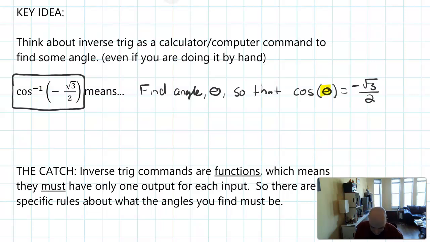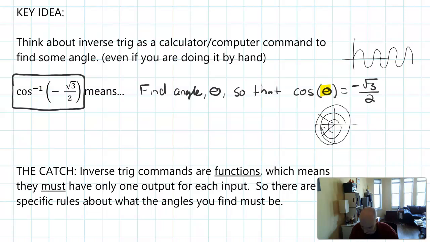But here's the catch. There are infinitely many solutions to the equation cosine theta equals -√3/2. They're in this quadrant and that quadrant, but then you could also go around the circle the other way, or you could go around infinitely many times. You could think about it as the cosine graph being a wave. It's going to hit -√3/2 infinitely many times. Well, for a calculator or computer, that's pretty miserable.